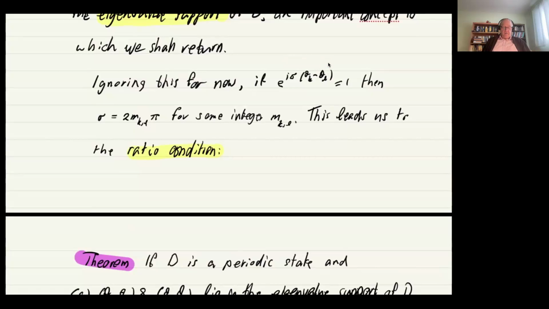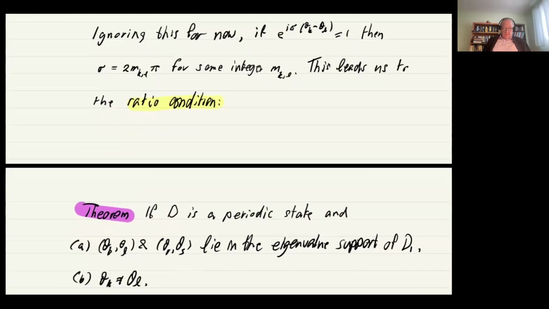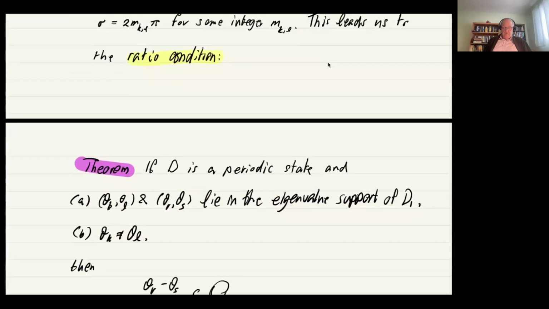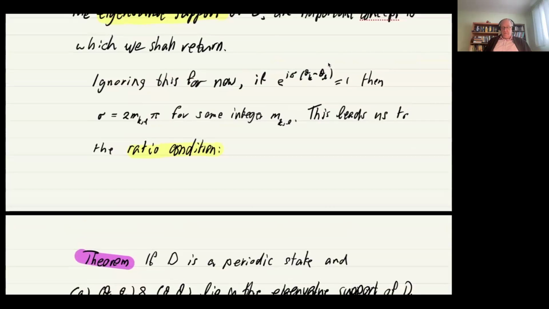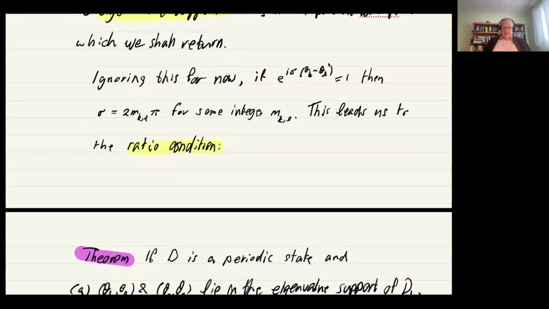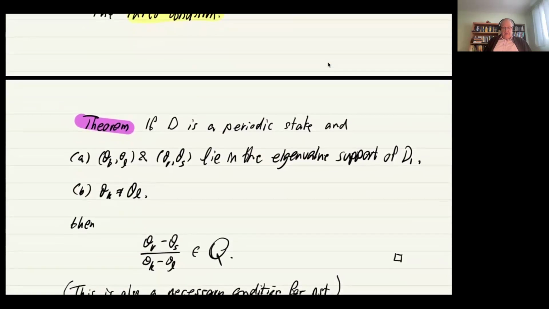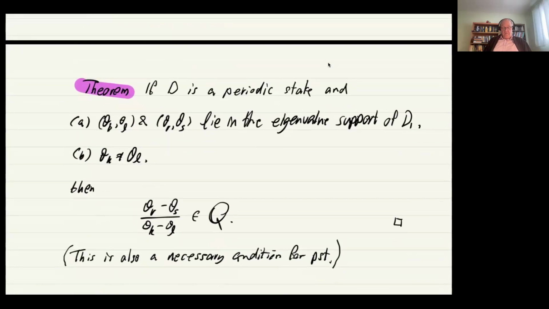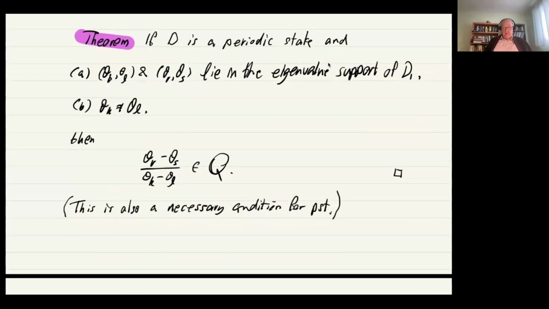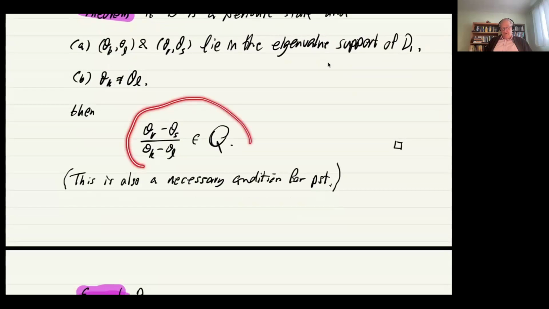So I'm going to write it as 2 m_{k,L} pi for some integer m_{k,L}. So the conclusion is that if these 2 are both in the eigenvalue support and are distinct, theta_k and theta_L, then this ratio is a rational number.